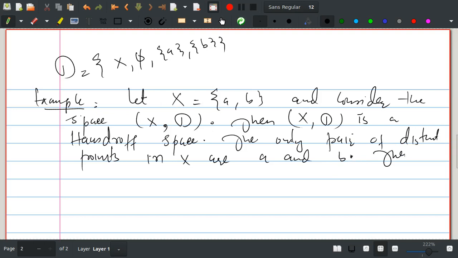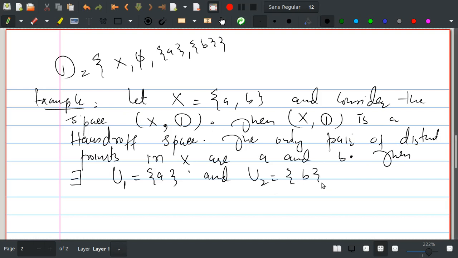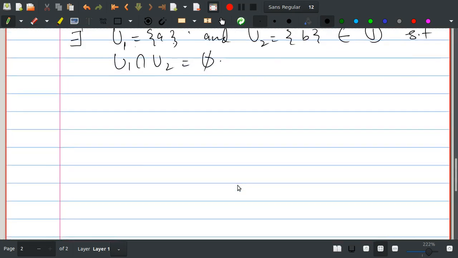So there exist u1, equal to the singleton A in the discrete space, and u2 equal to B in D, such that u1 intersection u2 is empty, and u1 contains A and u2 contains B. So this is again a Hausdorff space.